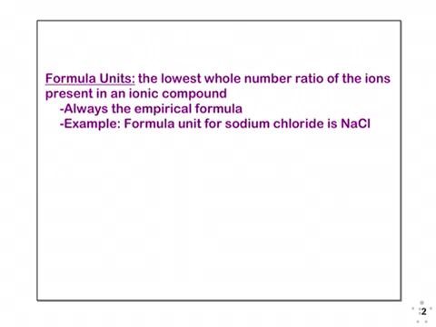So ionic compounds are reported in formula units instead of molecules. A formula unit is the lowest whole number ratio of ions present in ionic compounds. This is always the empirical formula. This is what you learned from chapter 7, naming ionic compounds. When you write NaCl, for example, you have written the formula unit.